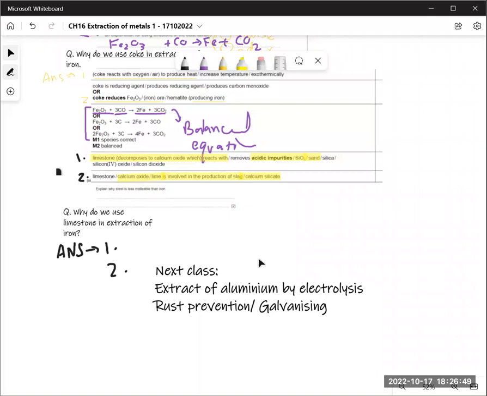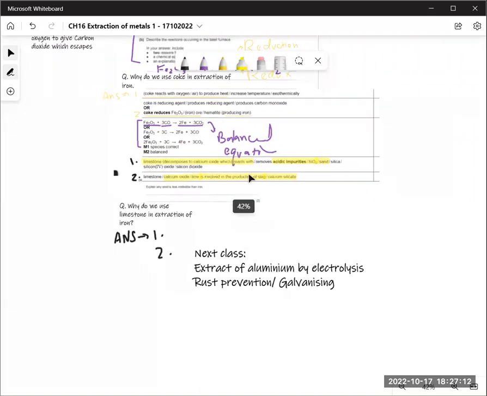Safa, what else did we do? We studied reactive, less reactive and unreactive metals. And Zahra? We studied the 4 points for the ore and raw materials for extraction of metal.